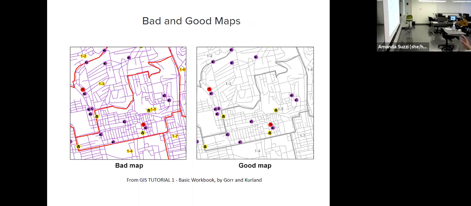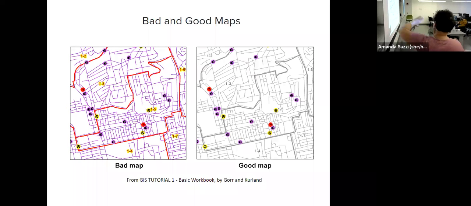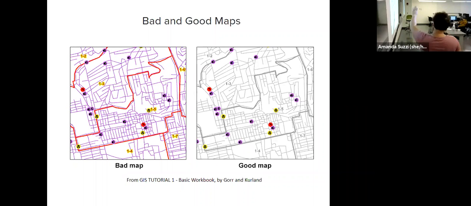Oh, look at this bad map and good map. Yep, it's pretty terrible. If you're not telling something about the roads, put them in the background. This is clearly a map of things in your neighborhood.